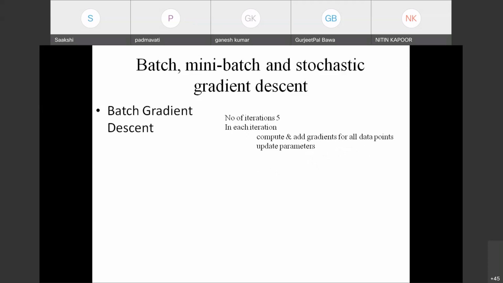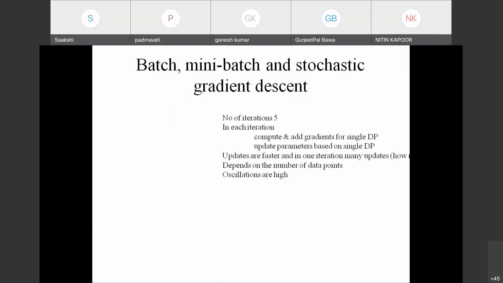Once we have scanned all 100 data points, I update the parameters only once. So here we are scanning the entire data set and then updating the parameters. Whereas with the given 100 data points in stochastic gradient descent, I will pick one data point and compute the loss. If the loss is high, then I will update the parameters.